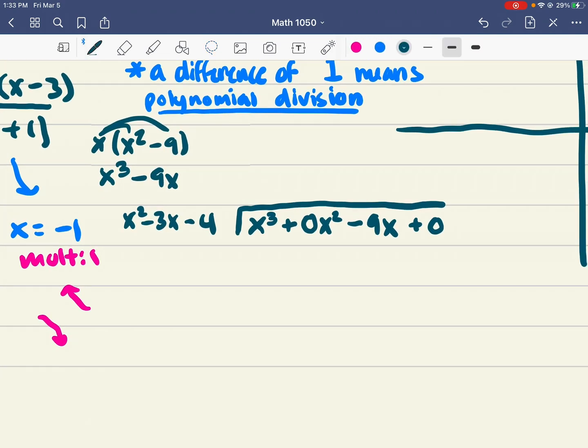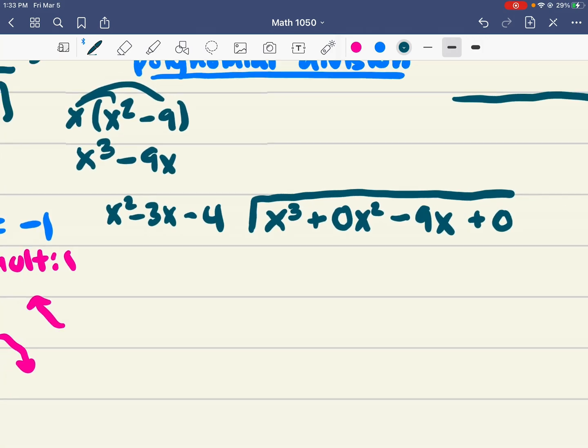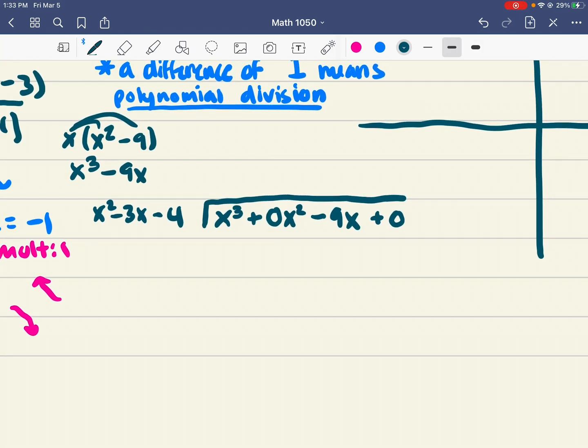Okay, so my polynomial division skills tell me that I need to just focus on the leading term here. So I have x squared on the outside and x to the third power on the inside, which means that really goes in x times, right? Because we can multiply the outside polynomial by x and get x to the third power, which then gives me minus 3x squared and then minus 4x, because I just multiplied the whole thing by an x.